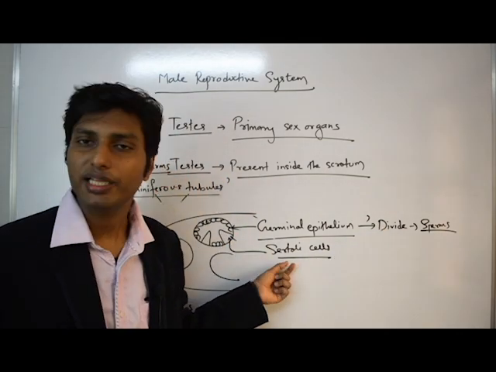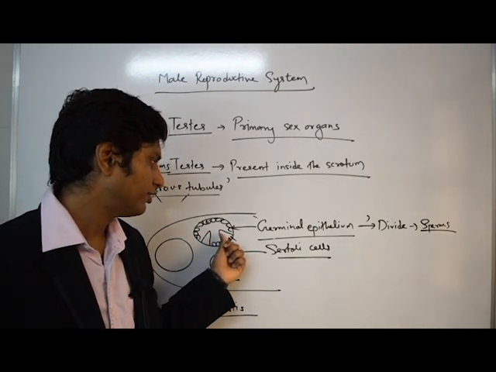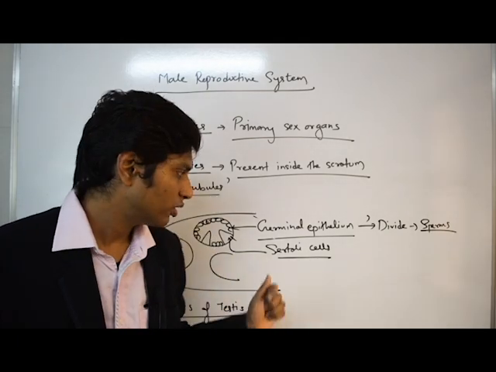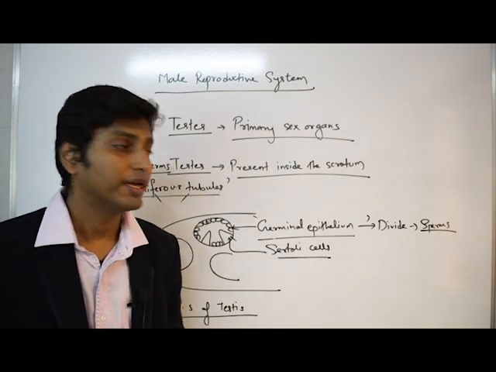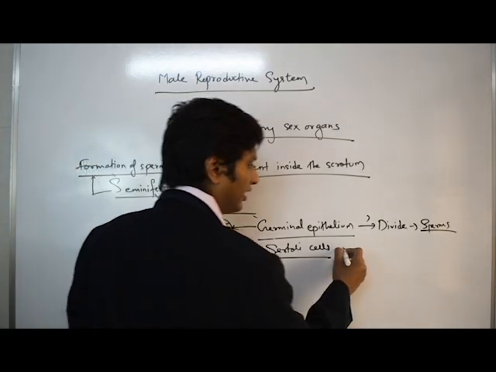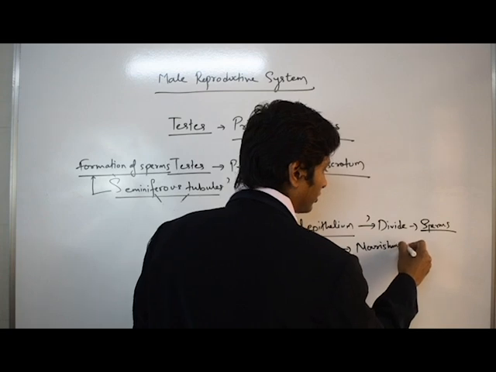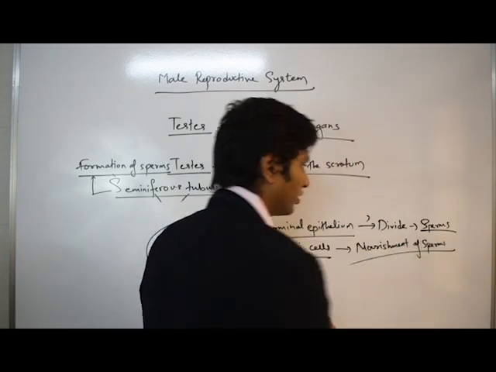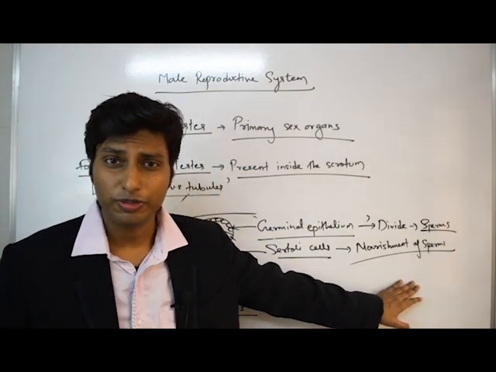Apart from this, as we said, there are other types of cells called Sertoli cells. Sertoli cells are these triangular cells present between the germ cells. What is the role of Sertoli cells? Sertoli cells help in giving nourishment to the sperms.